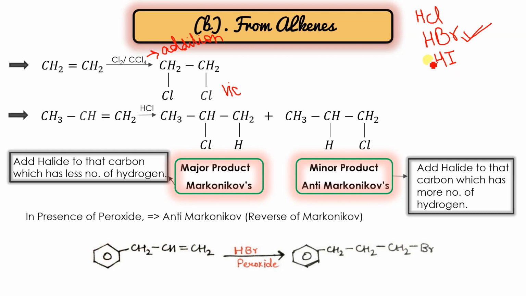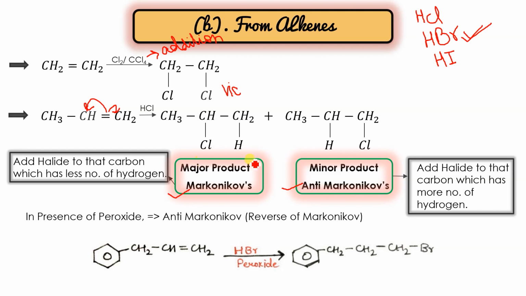In this case, the bond can break on both sides, it can go either this side or it can break on this side also. So this will give you two rules, that is Markovnikov and anti-Markovnikov rule.